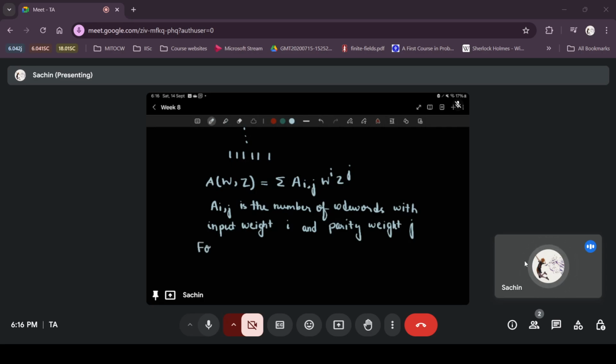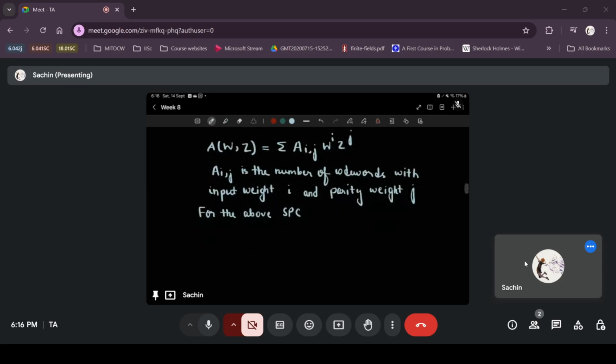So for the above SPC, there is one code word of input weight 0 and parity weight 0.